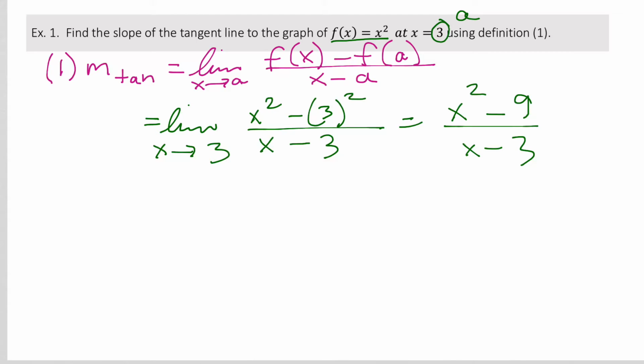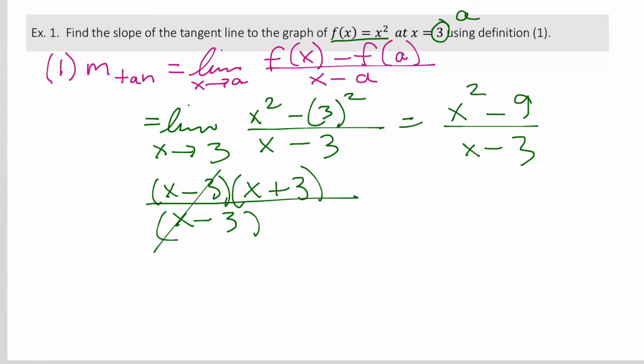Now it looks like we have a removable discontinuity, because if I factor this difference of perfect squares, I'm going to be able to remove that discontinuity that occurs because of the 0 in the denominator. So I can say the slope of the tangent line is the limit as x approaches 3 of x plus 3, by just substituting 3 into the polynomial.